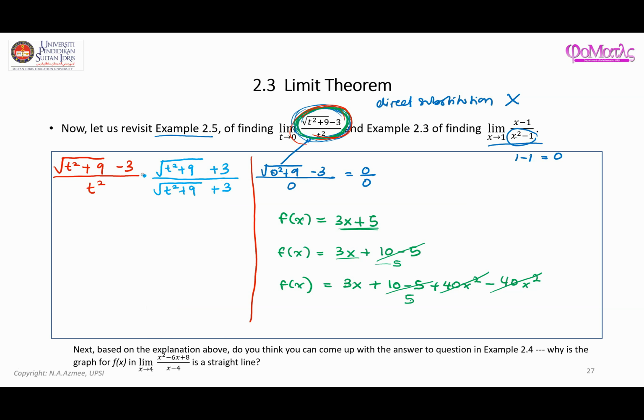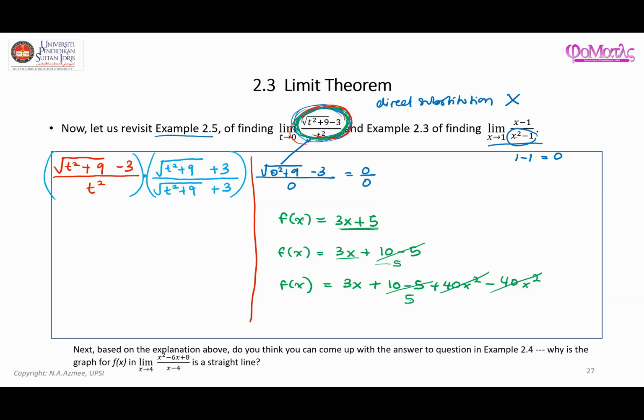I hope you can see what I'm doing here. This is the original function, and I introduce a different term, but you can see that this term is actually equal to 1. So 1 multiplied with the original function gives back the original function. It doesn't change the original function, I'm just manipulating and modifying how it looks.